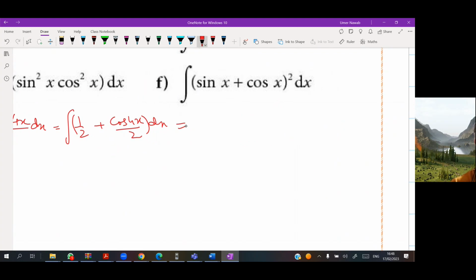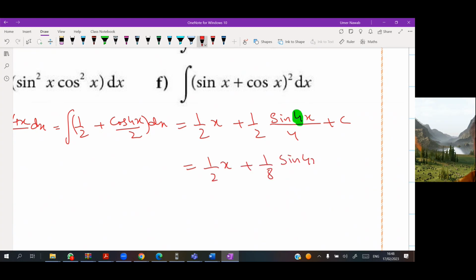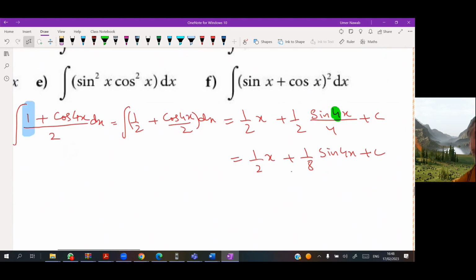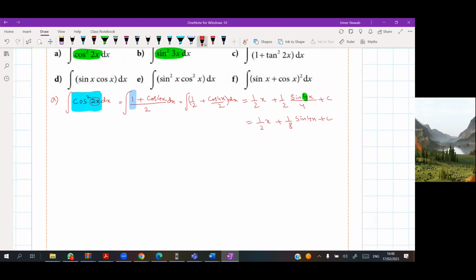So the integration of half is half x, and the half stays as it is. Integration of cosine 4x is sine of 4x, the linear argument is 4, so we need to divide it by 4, plus c. The final answer comes to half x plus 1 over 8 sine of 4x plus c. That's the final answer for this cosine squared.